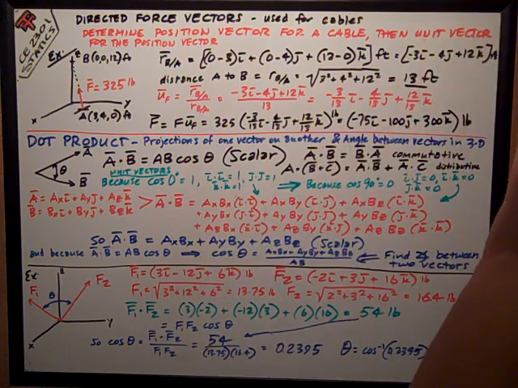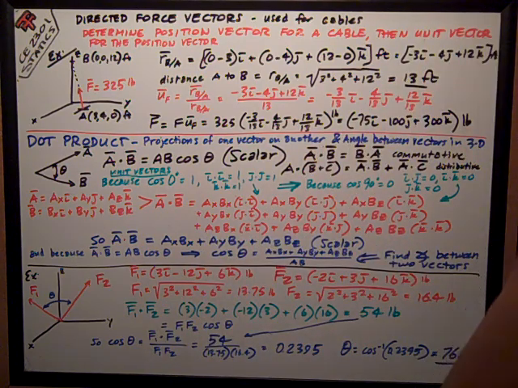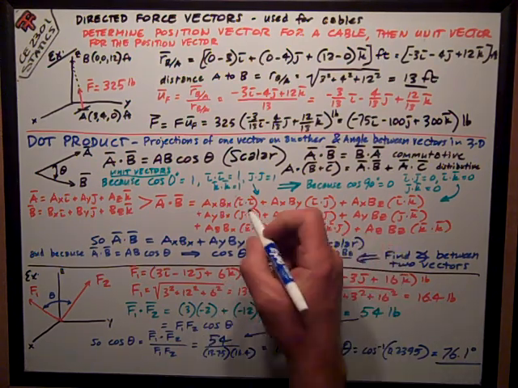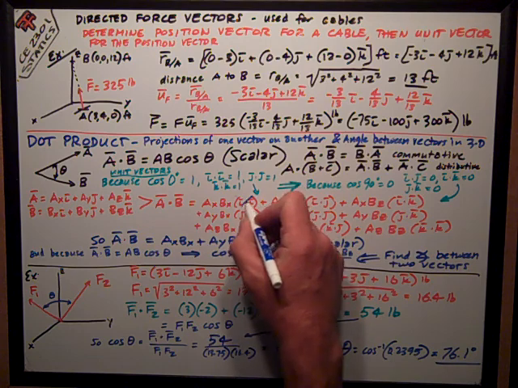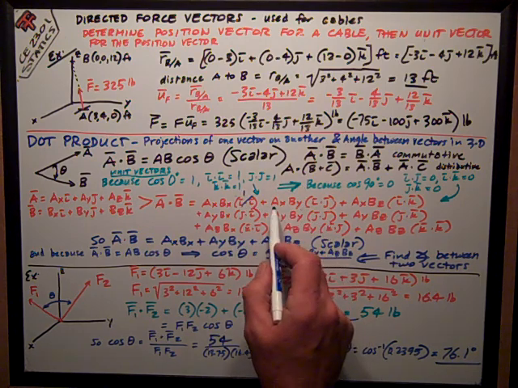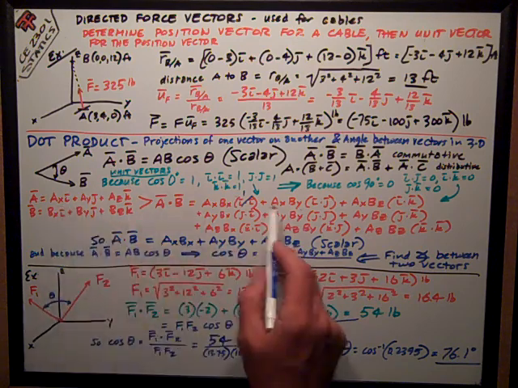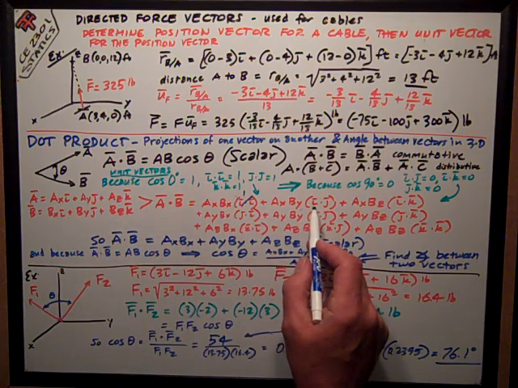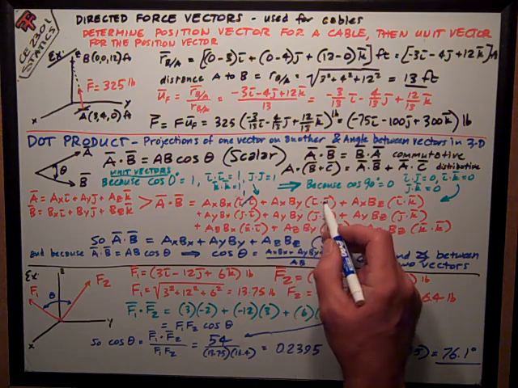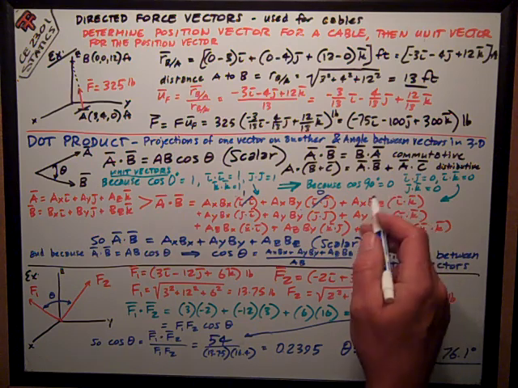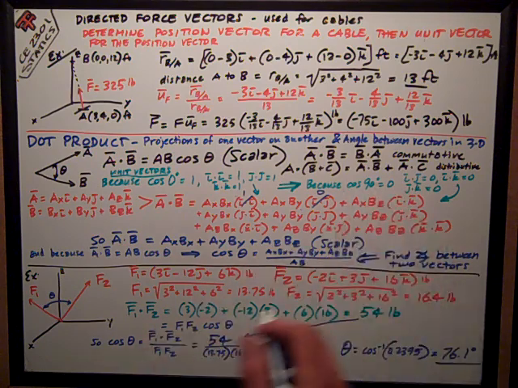Well, that goes to 1. AX times BX. Then I have the i dot j. Well, that goes to 0, because they're 90 degrees to each other. The cosine of 90 is 0.